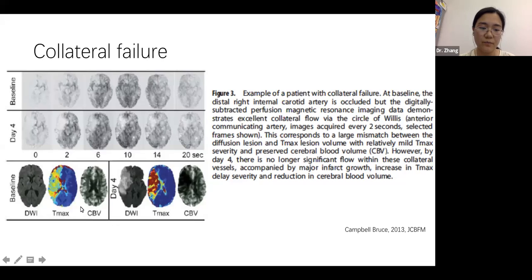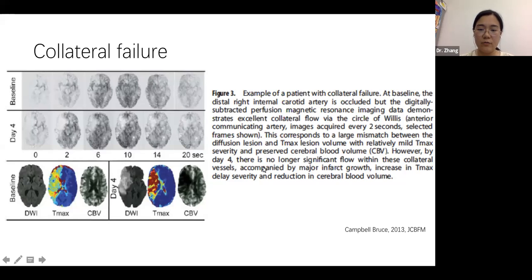So here, you can see that the DWI is almost negative, and on Tmax there is a very obvious perfusion deficit, and the CBV is still very normal.